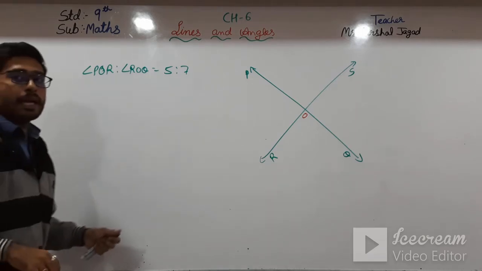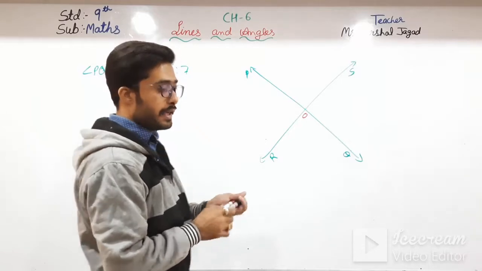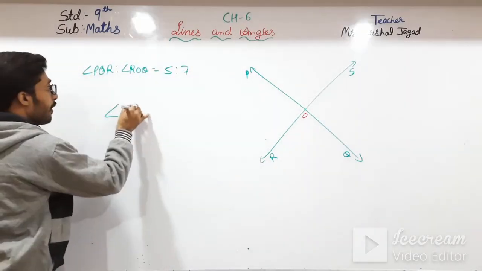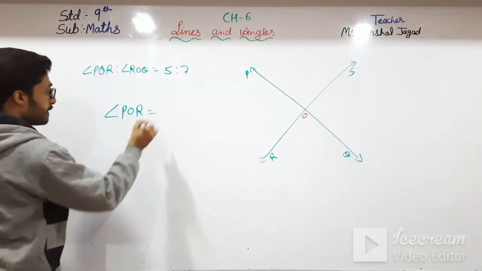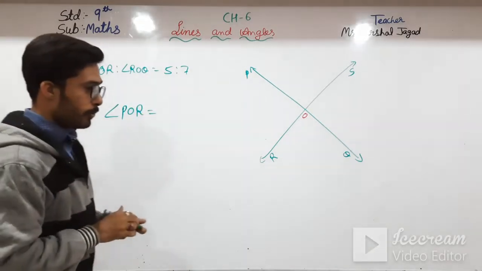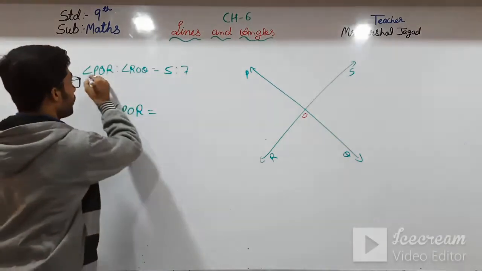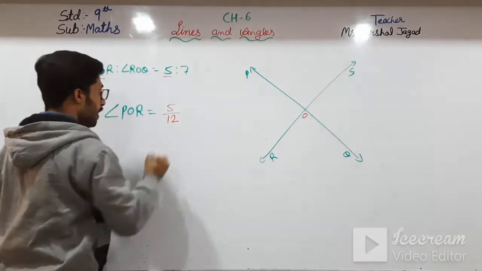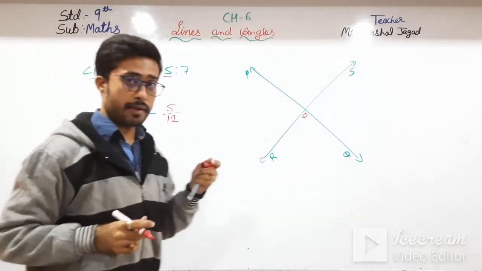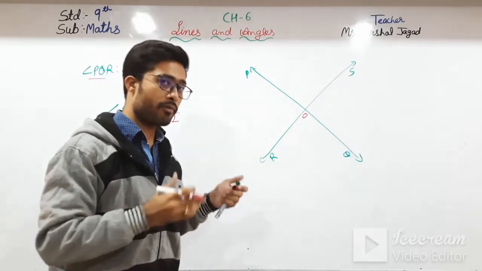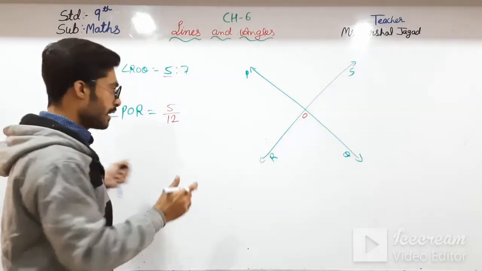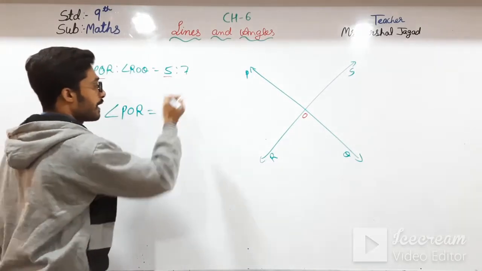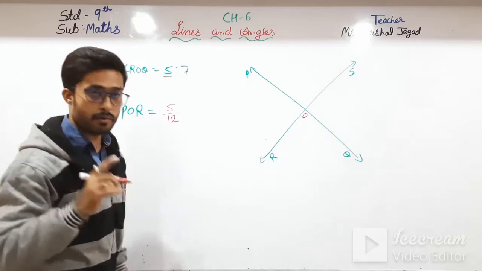Now, have you calculated this, students? Here, angle POR is equal to 5/12. Then you will have a doubt, as you have seen the example in your book, how this 12 came. So here, 5 plus 7, that is 12.